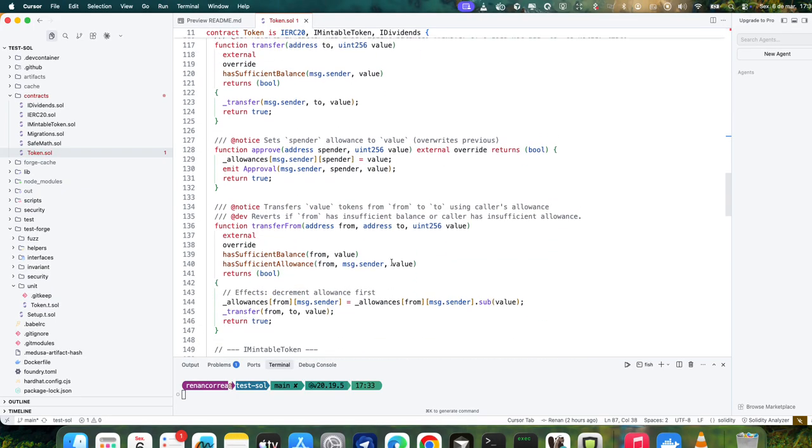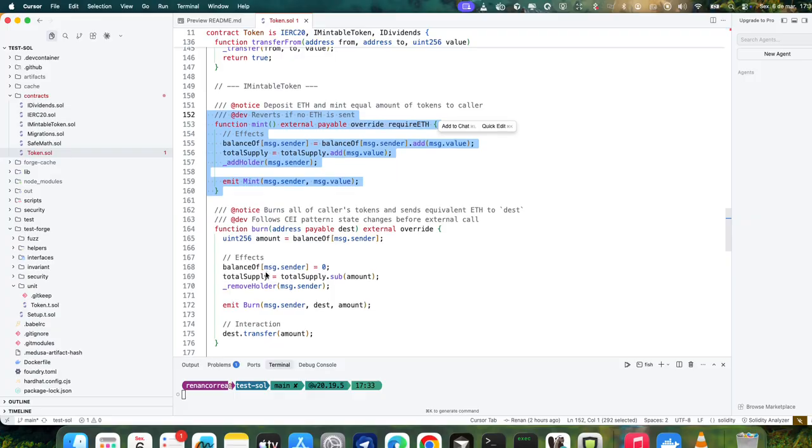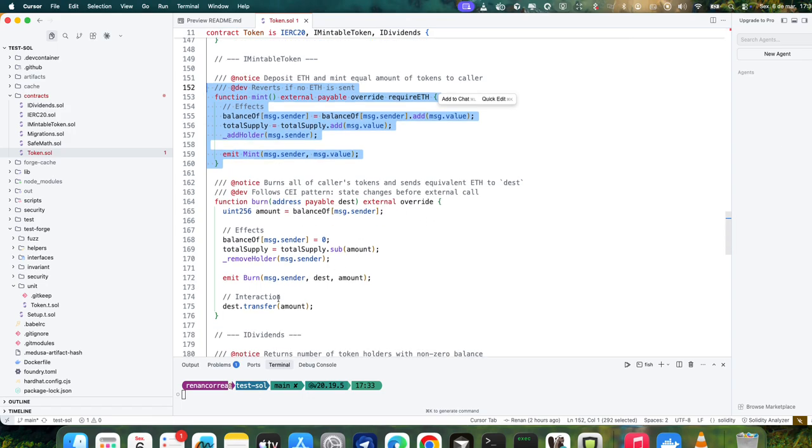The mint function is straightforward. It requires ETH value, adds the msg.value to the caller's balance and total supply, then registers the caller as a holder. The burn function is where security matters most. It follows the checks-effects-interactions pattern.